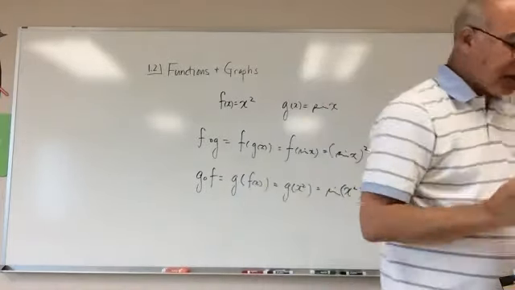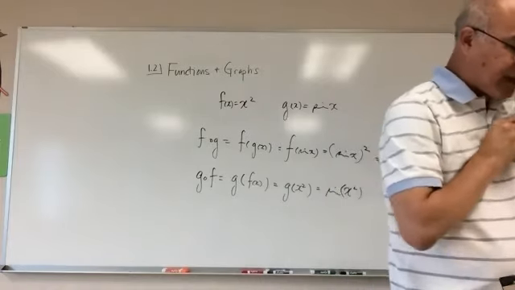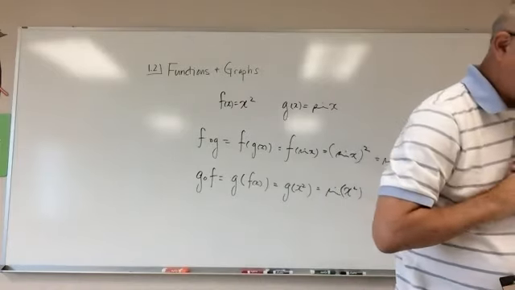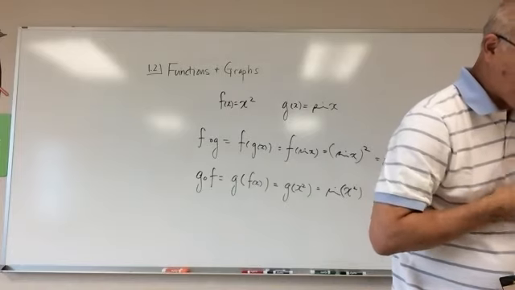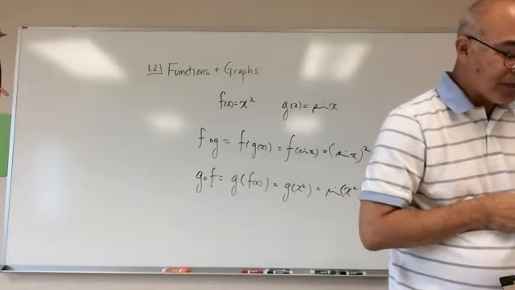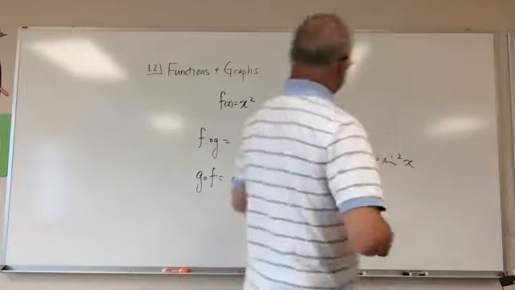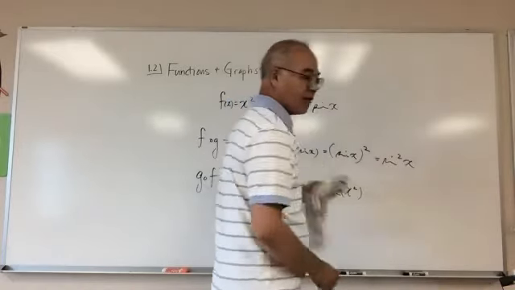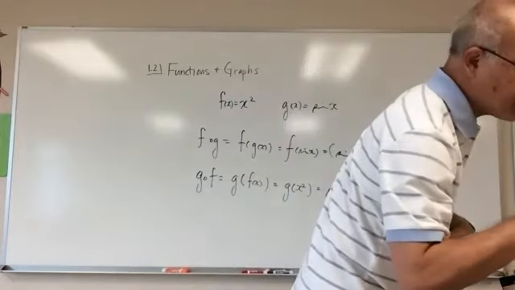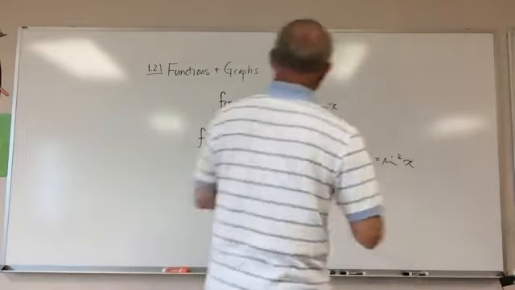Okay, so example number 8. Find a formula for the following, if g of x is equal to x squared and f of x is equal to x minus 7. So in this one, we have f of x is equal to x minus 7.